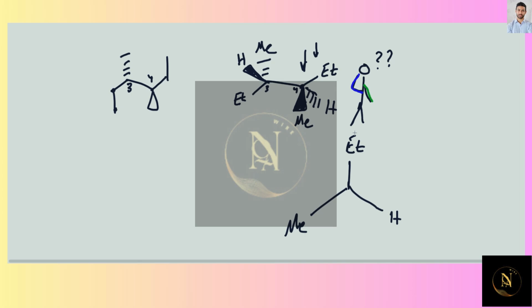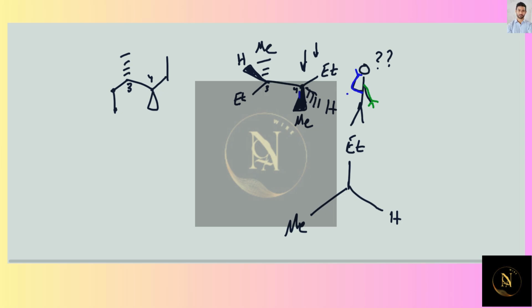If you were going to reach out and grab that methyl, which hand would you use? Probably your left hand, right? That's closest to the methyl because the methyl is closest to me. And if you're going to grab the hydrogen, you would use your right hand. If you grab the methyl with your left hand and the hydrogen with your right hand, that ethyl would be pretty much in your face. Okay, so that's how I can reason about that.